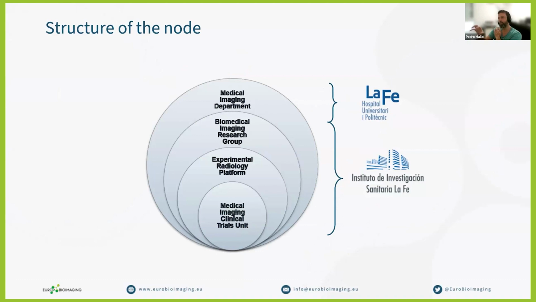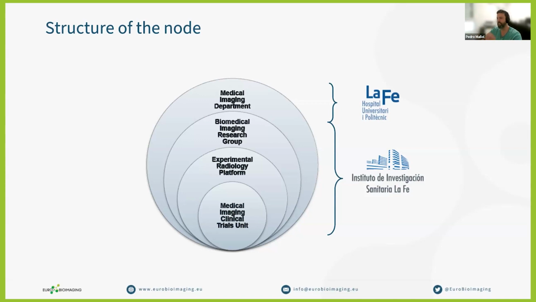We also have a medical imaging department that is part of the hospital, La Fe Hospital. That means that we are a research group very close to a hospital, so we have access to a huge amount of data. Of course, we need to fulfill certain criteria. We need approval from the ethics committee and so on. But once we obtain all these documents, we can have access to the data.